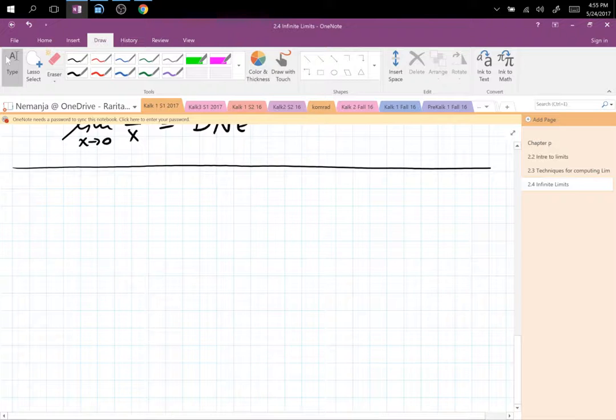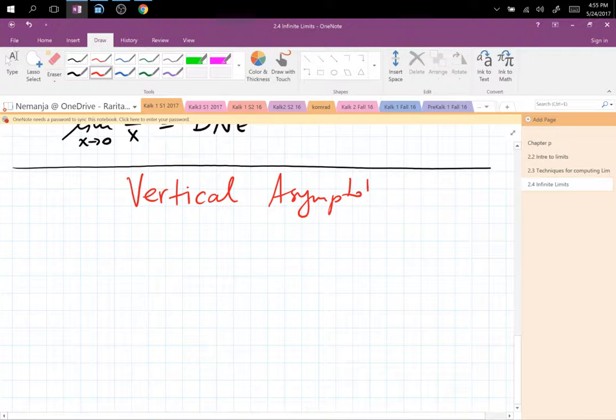Very good. Now that is crucial for this section. Vertical asymptote, usually abbreviated by VA.